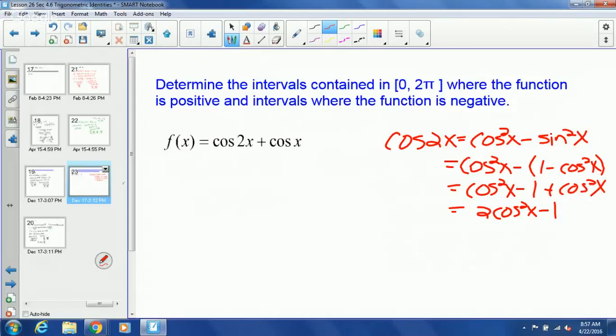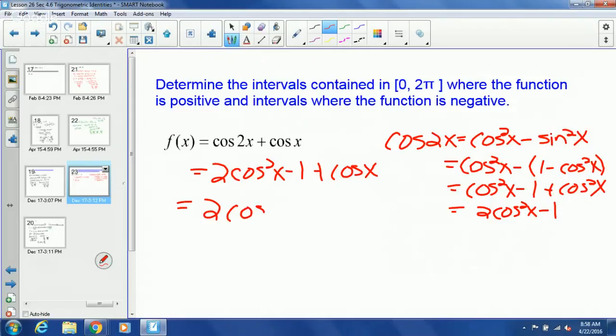So I've got that. So now, going back, Sarah, to answer your question, this is 2 cosine squared of x minus 1 plus cosine of x. Solve that cosine of 2x first. Does everybody understand what I did? I separated this out and worked it through first. I'm just going to change the order here.